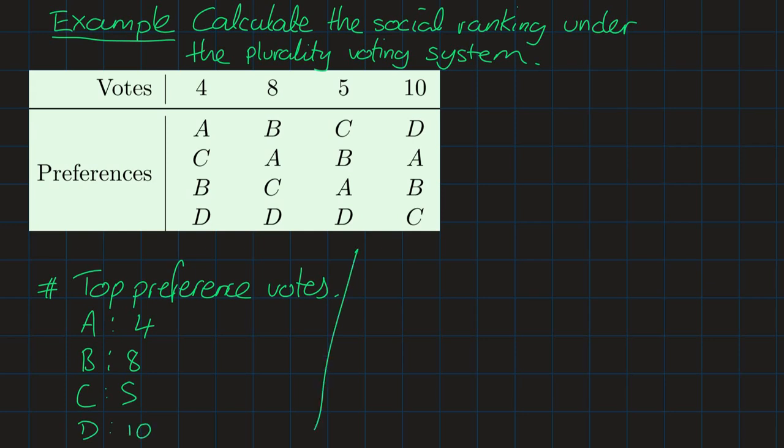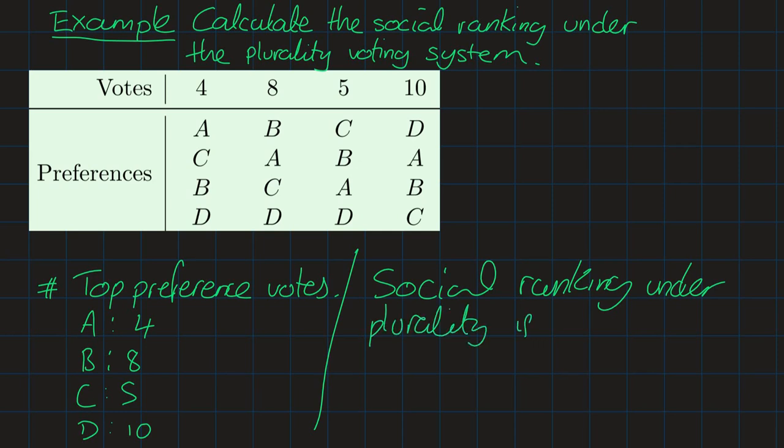All I'm doing is looking at this table, looking at how many times A appears in the top row. How many top preference votes does A get? That's just 4. So the social ranking under the plurality is, this time D wins, then B comes second, then C, then A, like this.